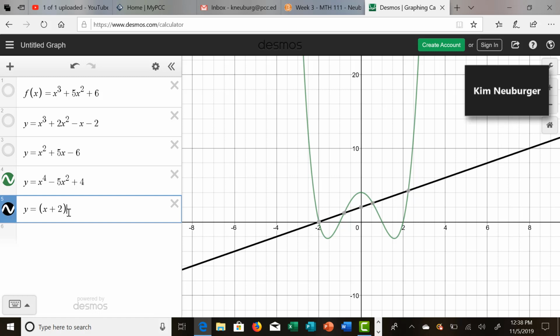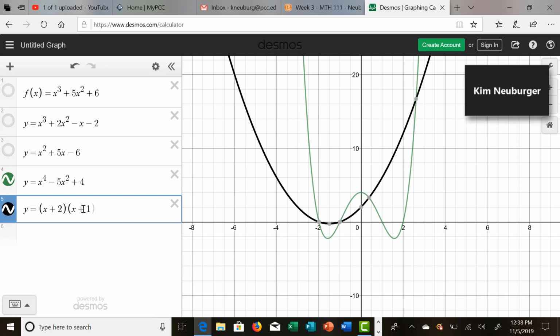Let me back up. That x plus 2, where is it crossing the x-axis? At x equals -2. If you put a -2 into this expression, doesn't it make it 0? That's an interesting fact. Then let's do x plus 1. Notice that made it cross over here. And if you plug -1 into here, you get 0 again.